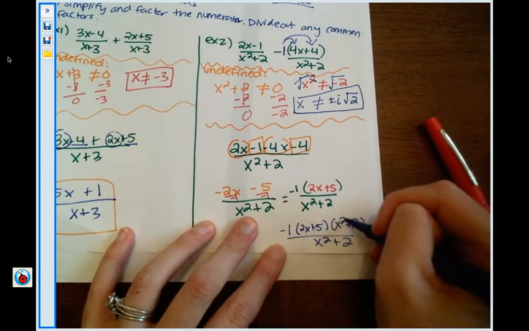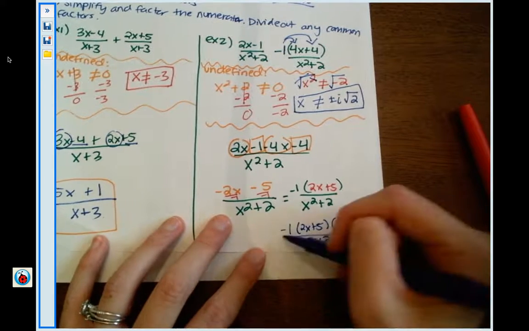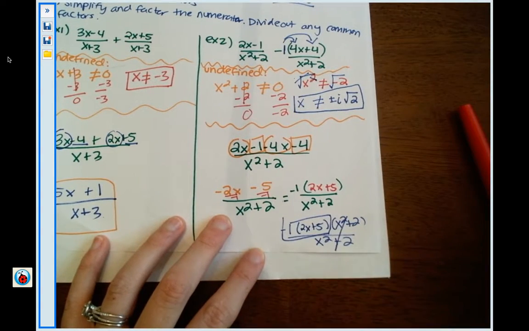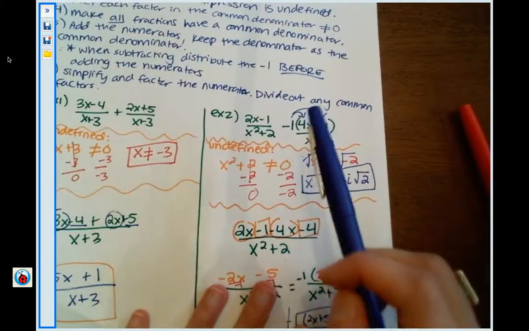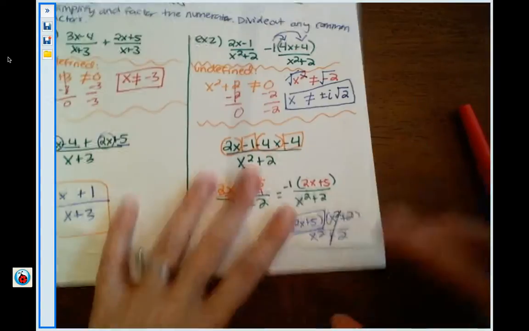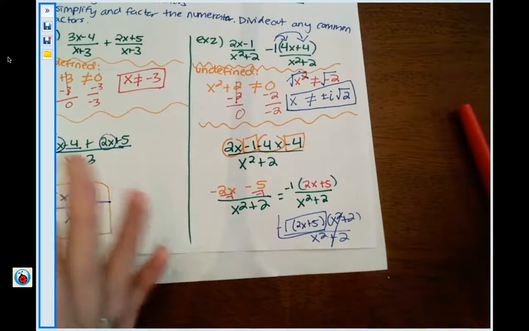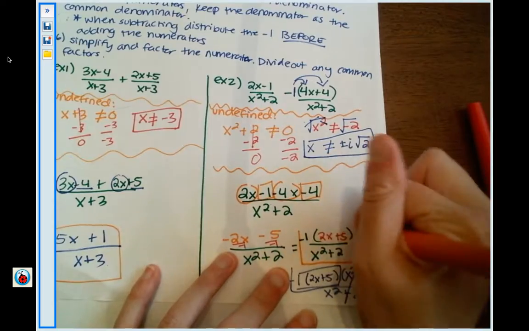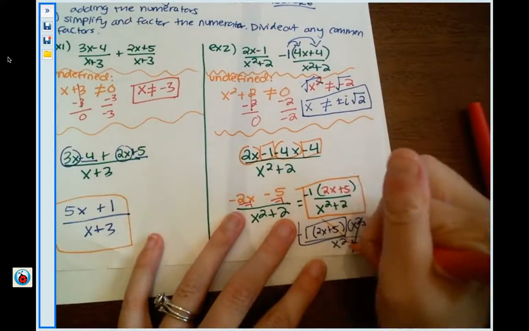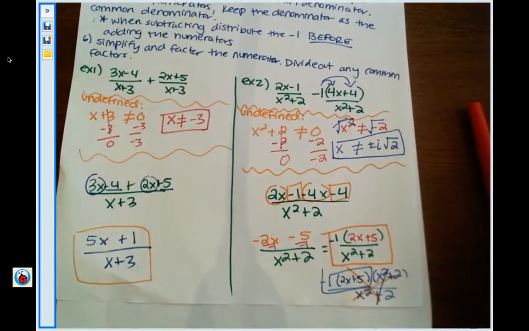So if this was the case, I would cross this out, and this would be my final answer. So that's what we're looking for when we're factoring, to see if we can divide out any common factors and simplify our fraction down. But that didn't happen, so this would be my final answer. Holy hot dog, you guys. And again, ignore this. This didn't happen. I was just proving a point.